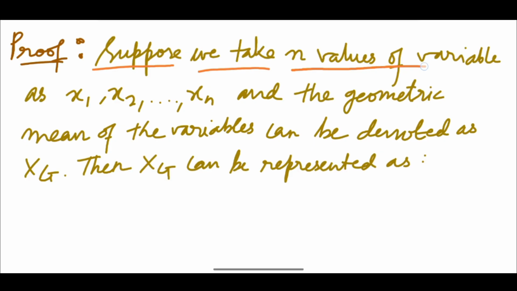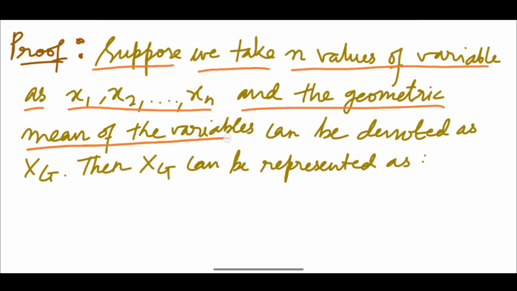Suppose we take n values of a variable, such as x1, x2 up to xn, and the geometric mean of the variables can be denoted as xg.